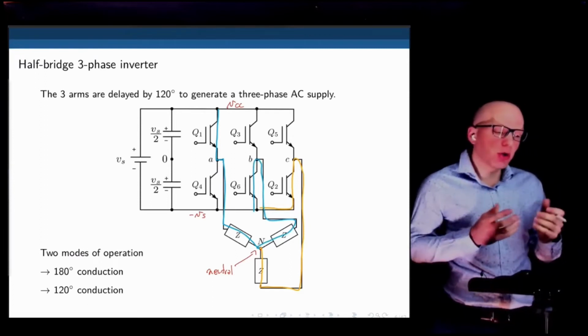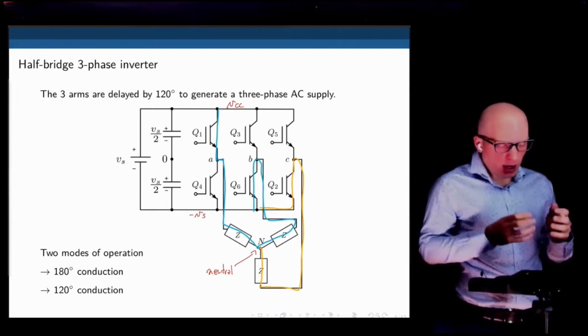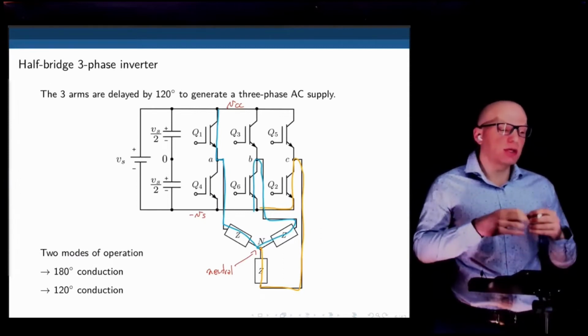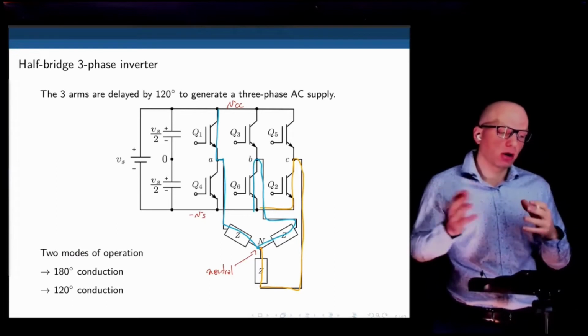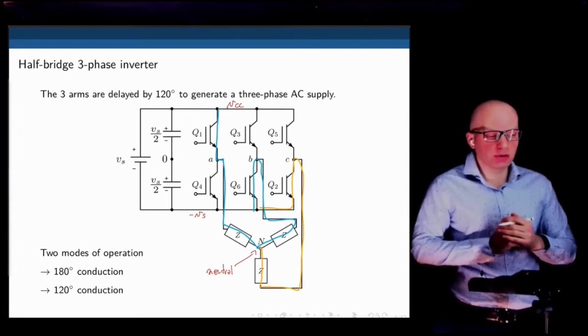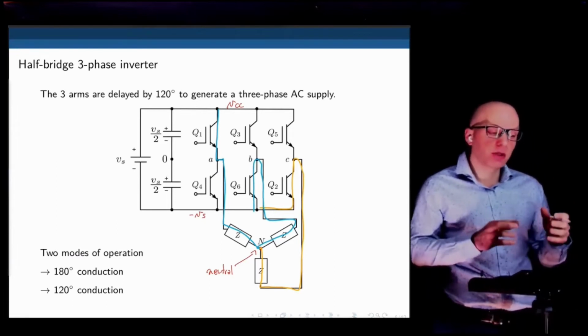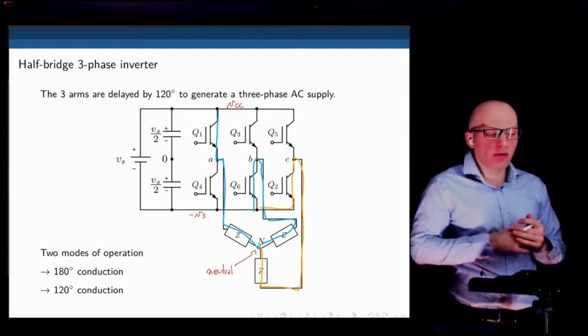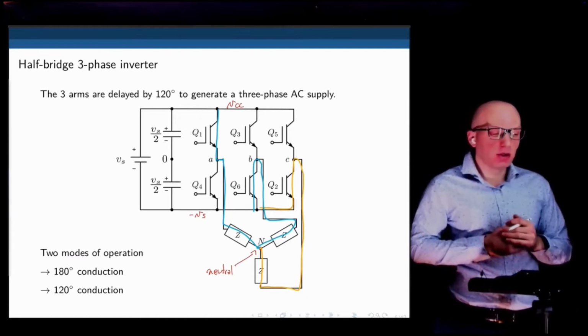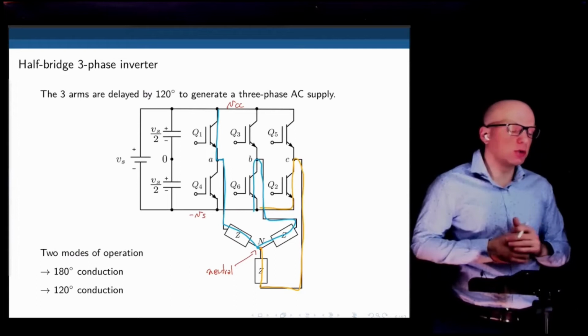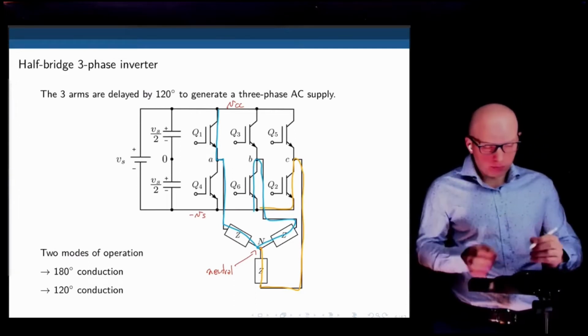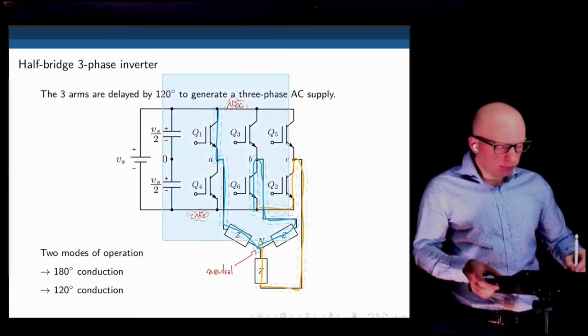The question that we're going to attempt to answer right now is, how do we time these transistors? What is the actual sequence or combination of transistor activation in order to create something that resembles a sinusoidal waveform in the output, having 120 degrees phase shift between them? There are several different methods to do this.